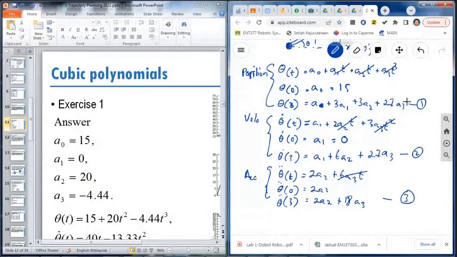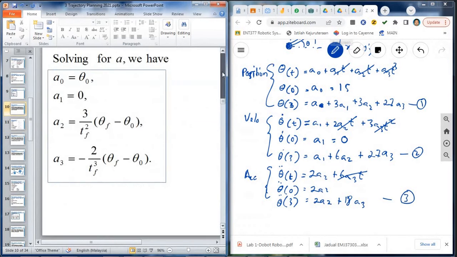So you can use these two equations, and then use the elimination technique to get A2. Okay, equation 1 and equation 2. You replace A1 and A0 inside the equation, and then you can solve it. You can find A2. But the easier way to find A2 is by using this simplified equation.